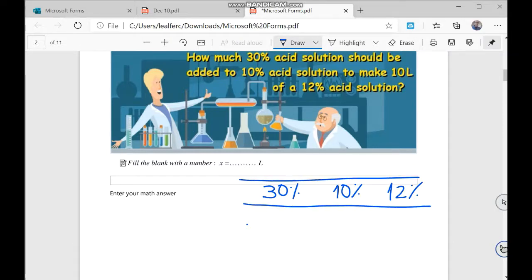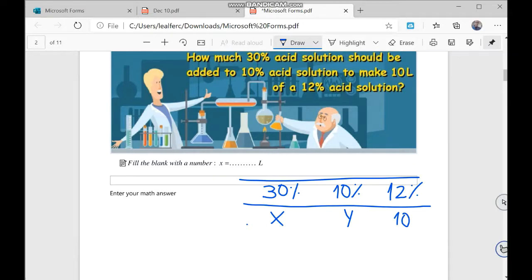In the second line, you write down the volumes. We don't know the volume of the first solution, so you write x. We don't know the volume of the second solution, so we write y. But if you put together x plus y, you have 10 liters.